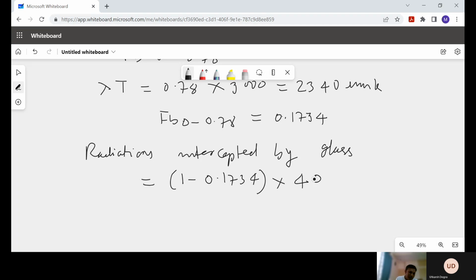Yes, sir. So total is 33.06 watt. This much radiation will actually be intercepted by the glass surface.